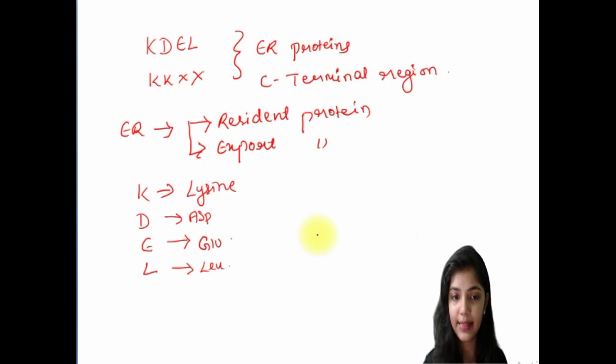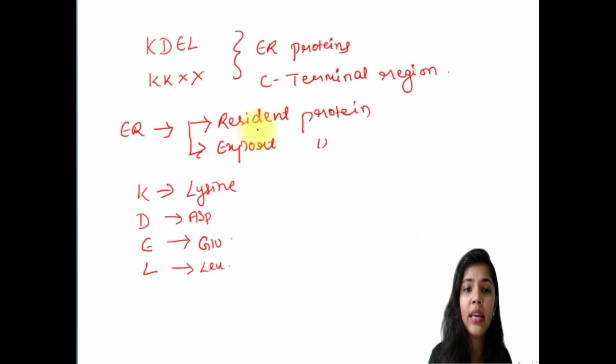K stands for lysine, D stands for aspartate, E stands for glutamate, L stands for leucine. And in case of KKXX, K is lysine and XX can be any amino acid. Both are present in the C-terminal region.